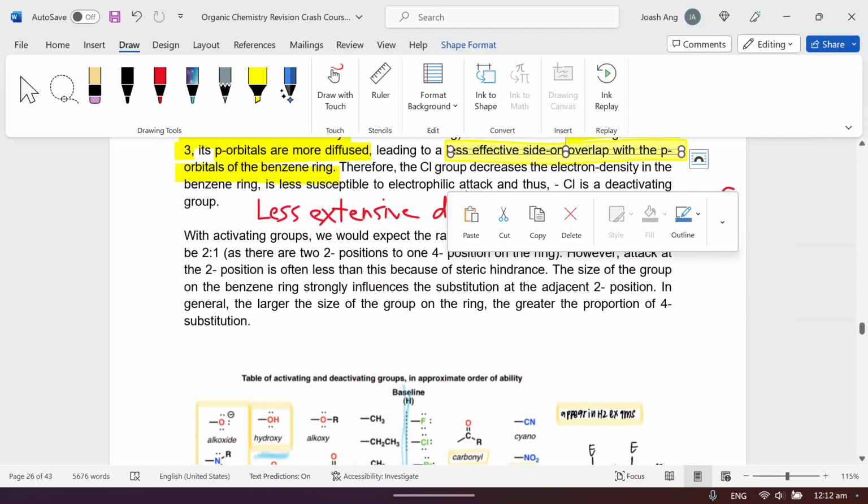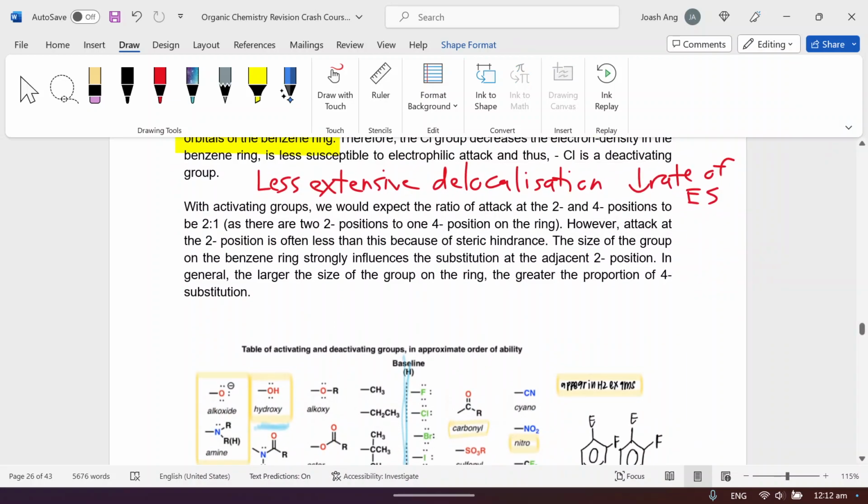The last point shows how normally for the 2 and 4th position, we'll expect a ratio of 2:1 because there's two ortho positions and there's actually one para position. However, because of steric hindrance, if you attack it at position 2, you will have a lot of steric hindrance.